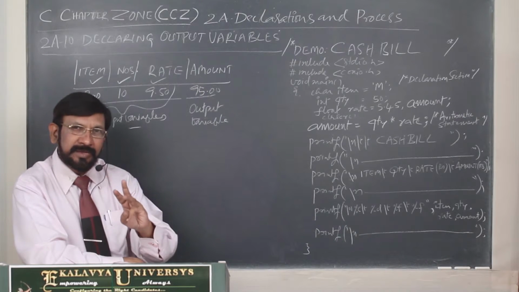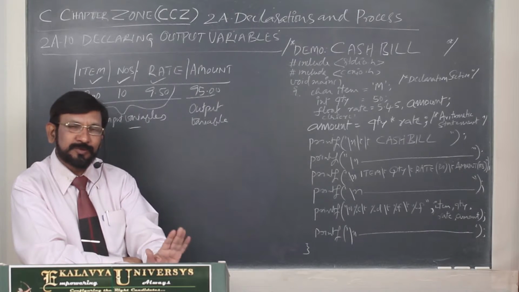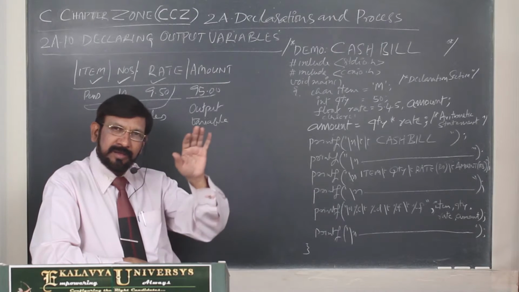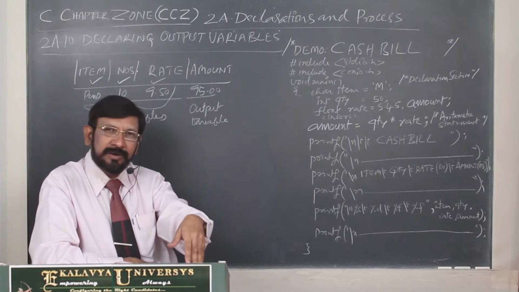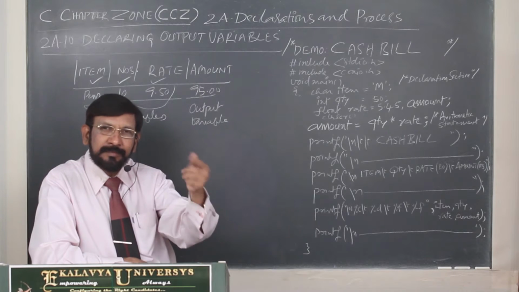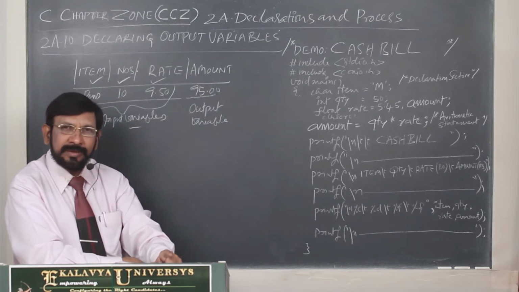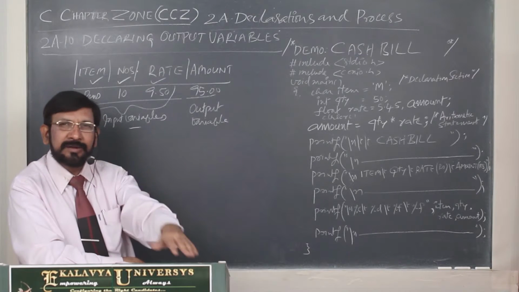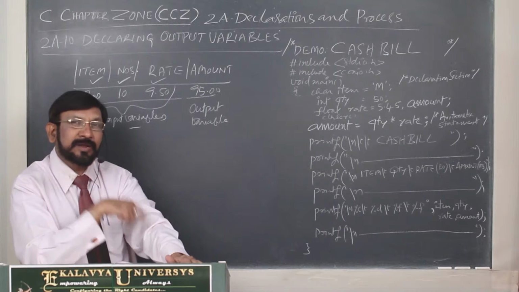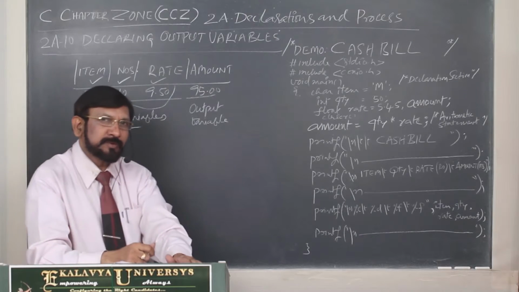So 3 are output variables. Totally 8 variables are required. 5 you are entering because you know how many marks you got. The system does not know, but your program calculates your total marks, your average marks, and your grade. And for that you have to create output variables.